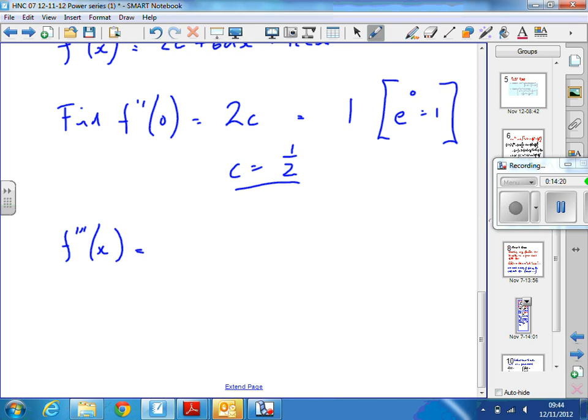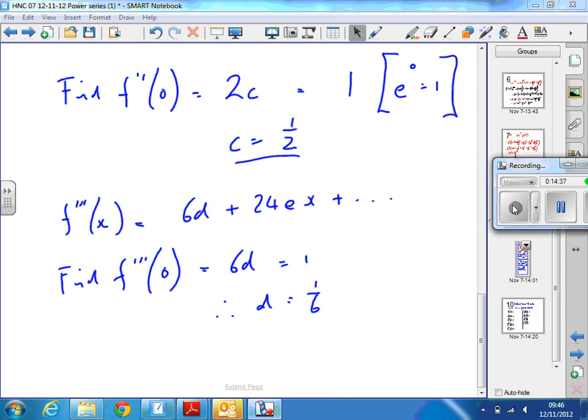So write down what the third differential is. Find the third differential at 0. And then that allows you to find that d, hopefully. So we work out the third differential, let x equal 0, which has got to equal 1 because the differential of e to the x is still e to the x, so it's still going to give us 1. So therefore d turns out to be 1 over 6.